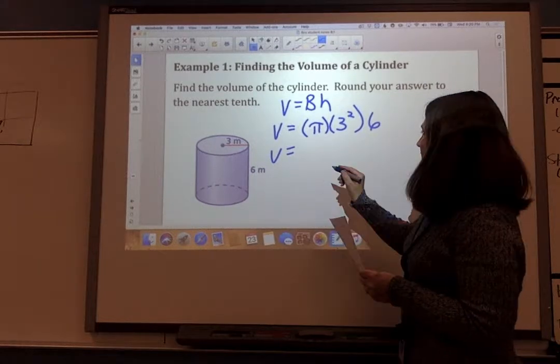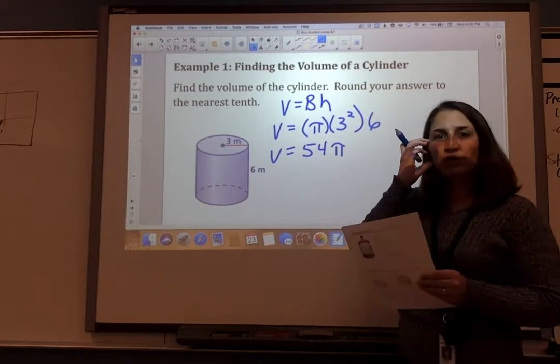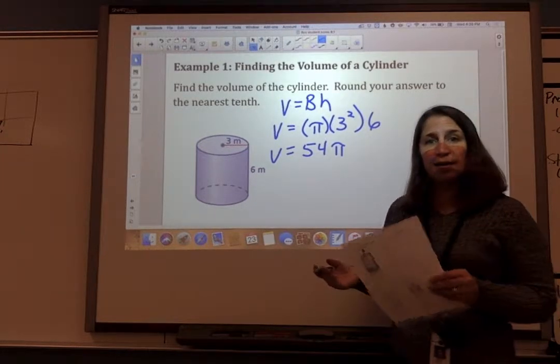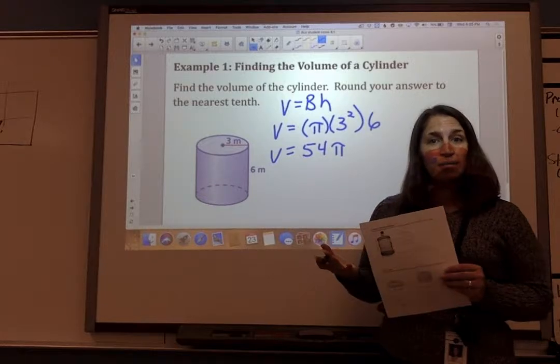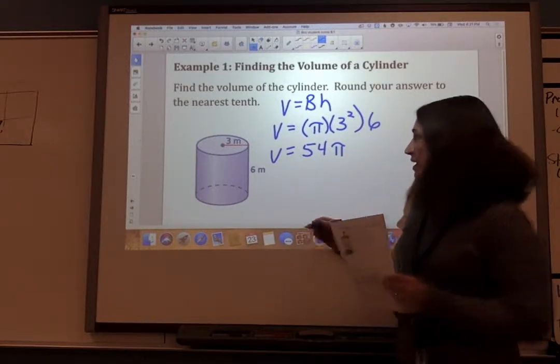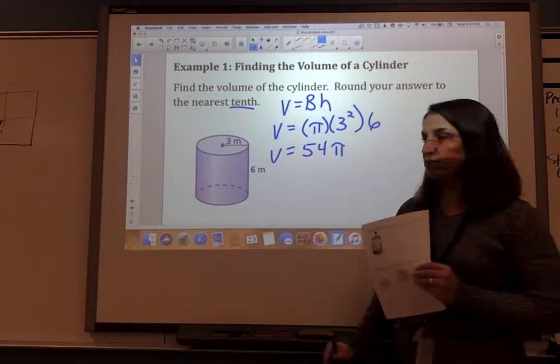So we can simplify this to 54 pi, and we're still in exact terms here. Now we're going to go ahead and use the pi button in our calculator to get the most exact measurement we can, but in the end we're going to round our answer to the nearest tenth.